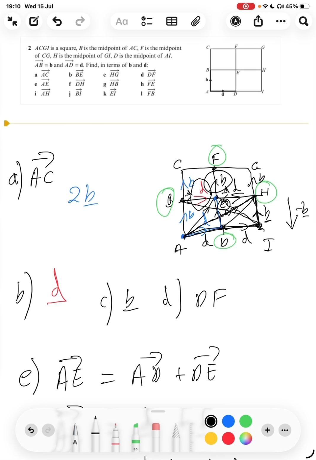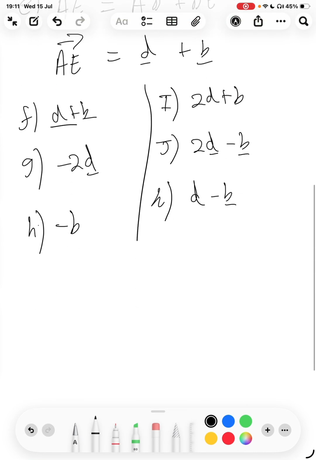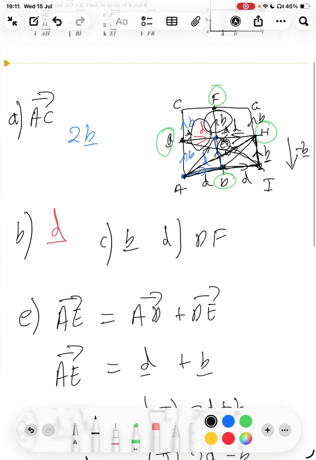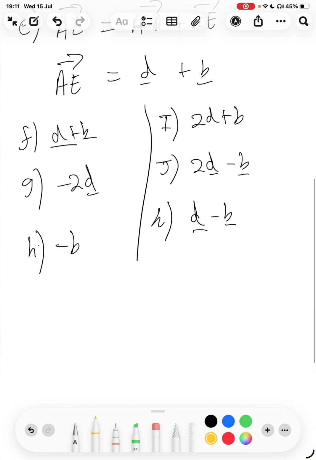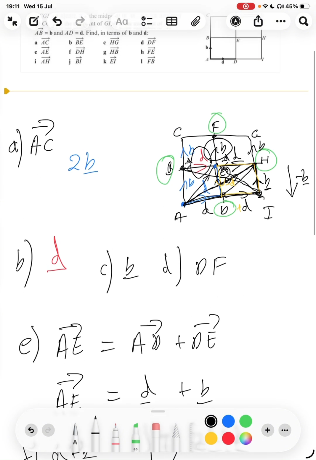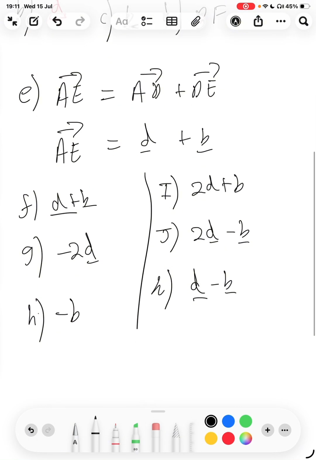To change directions, we need our negative B. So we're going positive D, and down here is going negative B. So D, negative B. But now you might be thinking, what happens if I went the other way? Exact same answer. You would have got a negative B, and then a positive D. It doesn't matter what way you chose. I just chose that way because it was a bit clearer in terms of the workings out.